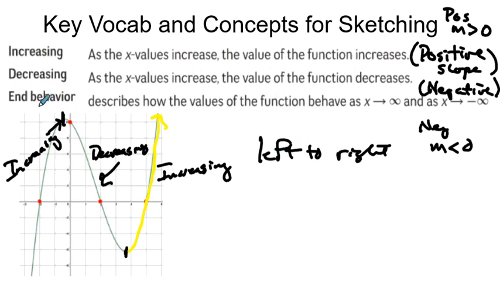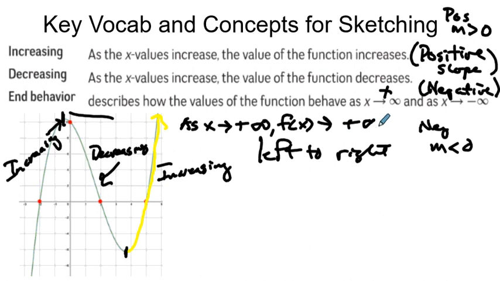And then end behavior, there's a whole lesson on end behavior, describing how the values of the function behave as x goes to positive infinity. They don't write the positive sign here, but that's what that means. And as x goes to negative infinity. So for this one, your end behavior would be as x goes to positive infinity, f of x, the function value, also goes to positive infinity.